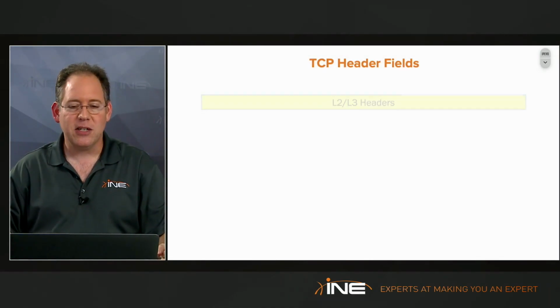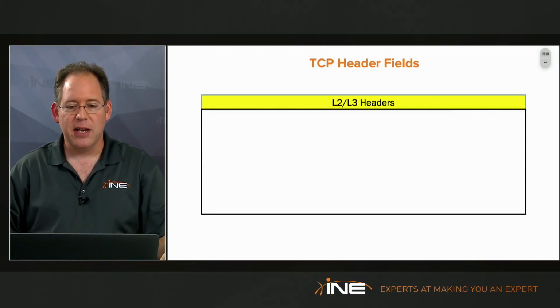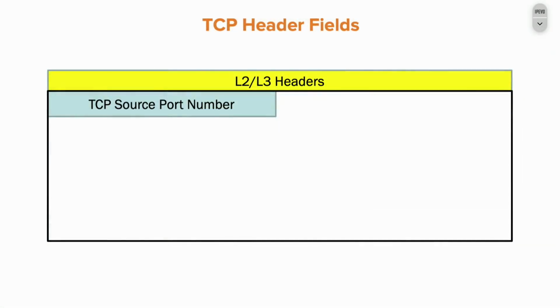All right, so let's look at some of the TCP header fields with some emphasis on this reliability. We know that just like UDP, TCP makes use of source and destination port numbers. So that is common between the two. Now, the port numbers are different.